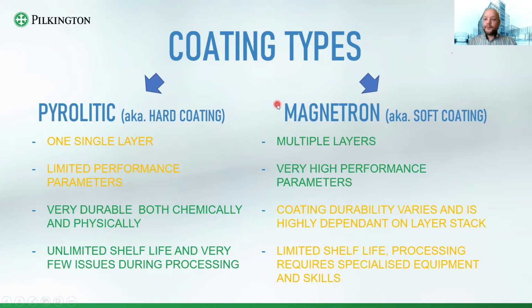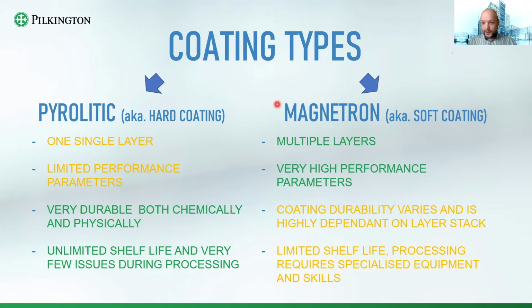Magnetron coatings, multiple layers. So performance-wise, magnetron coatings are almost always better than pyrolytic. But of course, there are pluses and minuses. The minuses: soft coatings have limited shelf life on the processor side and on the glass manufacturer side also.